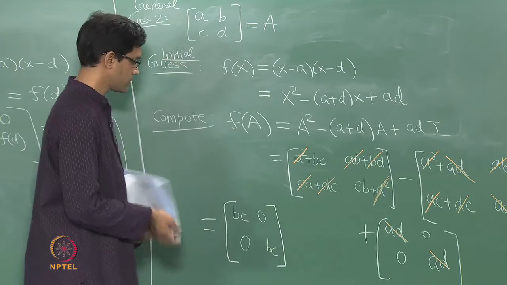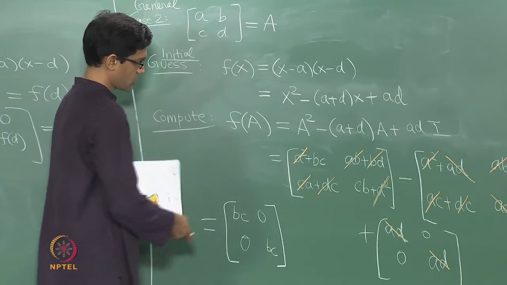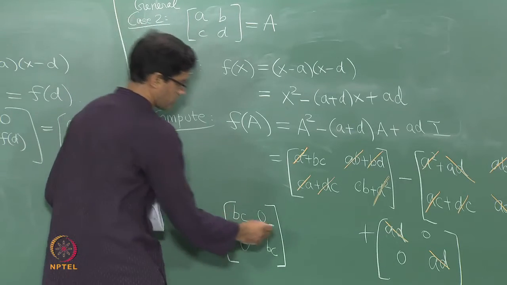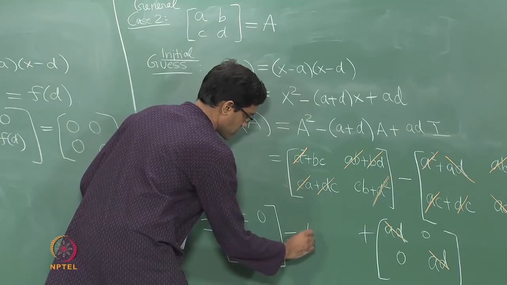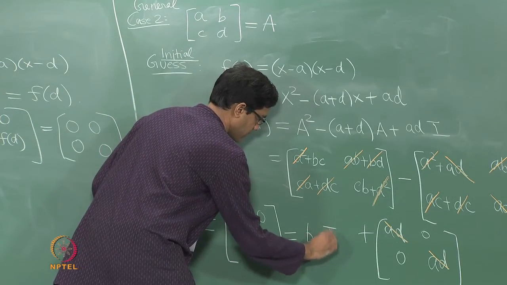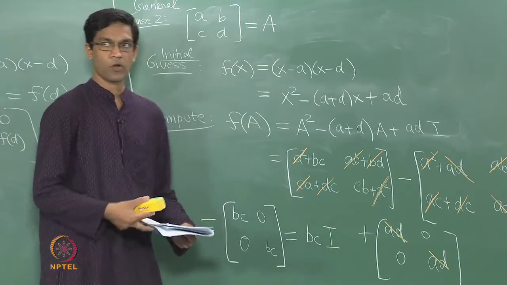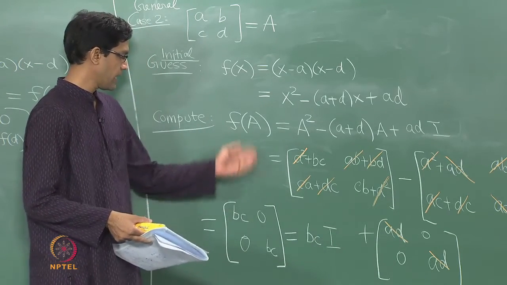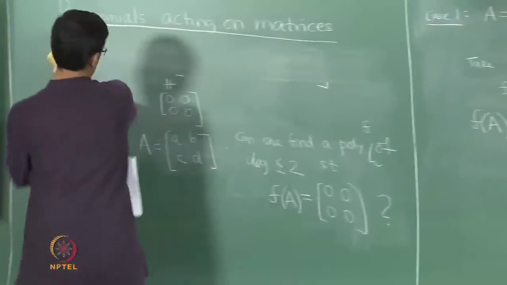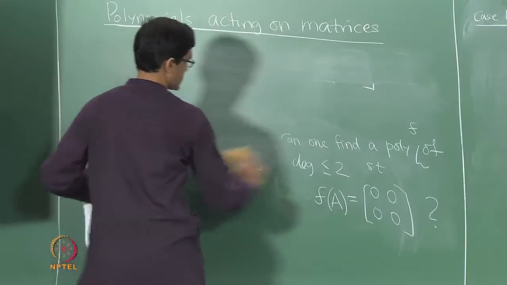Well, this is still not too bad, because observe that the answer that we finally obtain is actually just bc times the identity matrix. So the polynomial f applied to A just produces bc times the identity. So it is easy to see how to modify this.